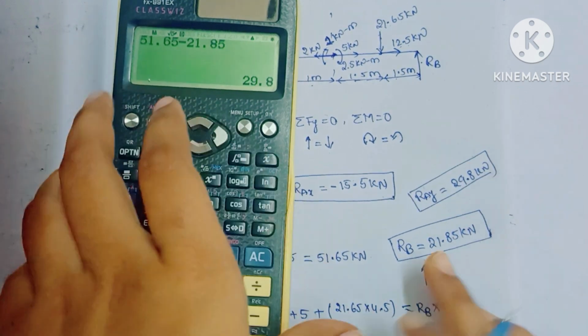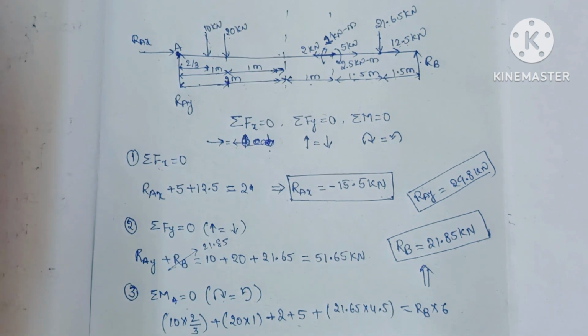So in this way we got reaction forces at A and B, and we have to find the resultant force.